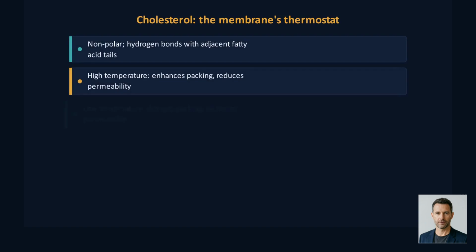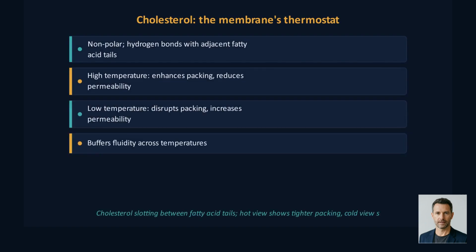That extra molecule is cholesterol. Cholesterol is a nonpolar molecule that sits among the phospholipids and forms hydrogen bonds with the adjacent fatty acid tails. Its real talent is acting like a thermostat for the membrane, and it works in 2 opposite directions. At high temperatures, when the phospholipids would otherwise spread apart and the membrane would leak, cholesterol enhances the packing of the fatty acid tails, holding them together and reducing permeability.